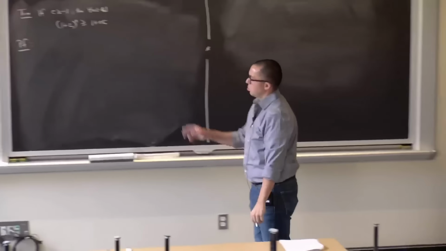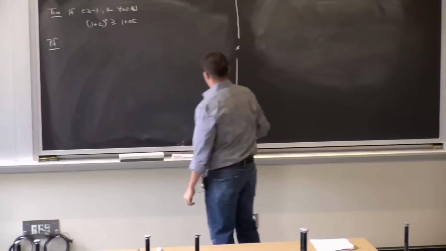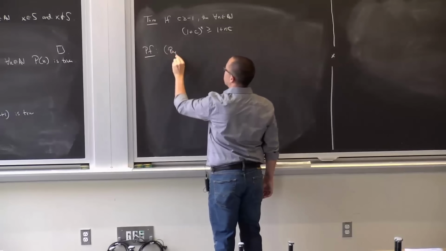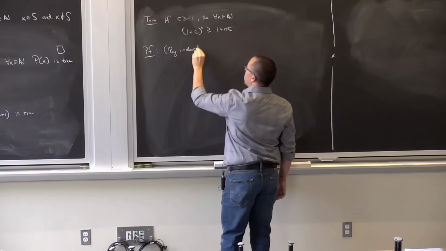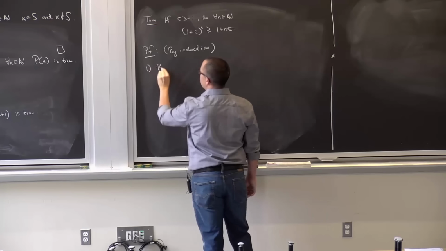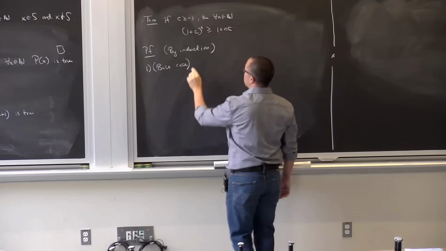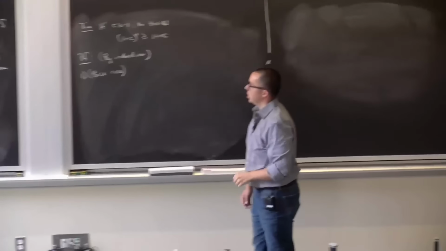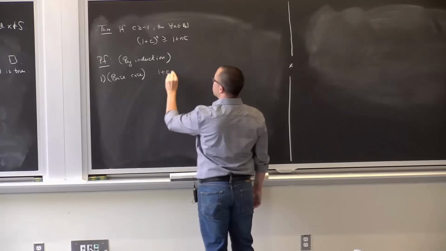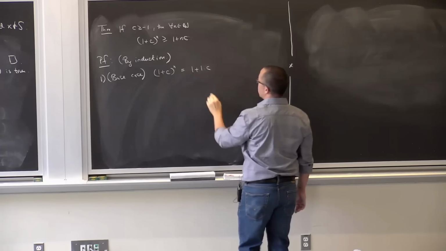That means we need to prove the base case and we need to do the inductive step. So base case, as always. As you can see, the base case n equals 1 is clear just by looking at it. (1 + c)^1, in fact, equals 1 plus 1 times c.